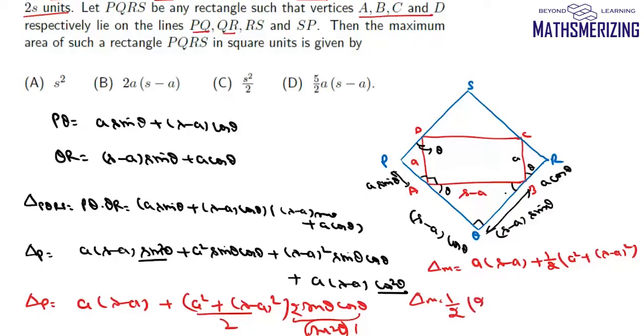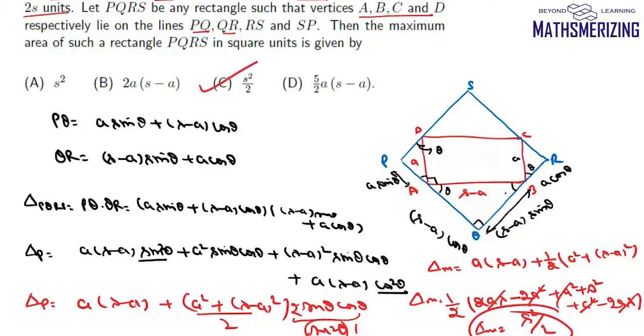So I'll write twice as minus 2a square and then plus a square plus s square plus a square minus twice as. Now 2as will cancel, 2a square and 2a square will also cancel. So the maximum area of this rectangle will be simply s square by 2, and that's your option number C.